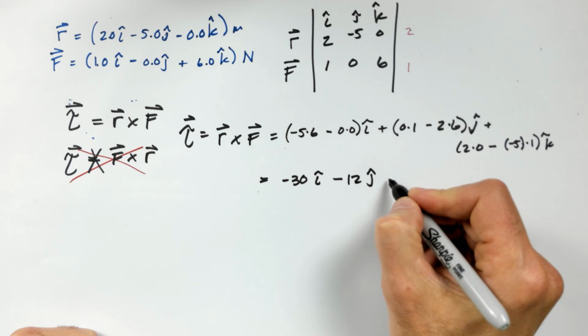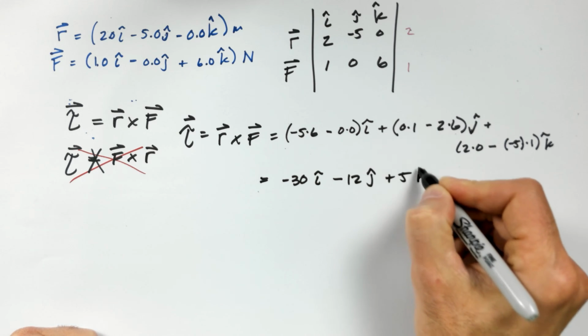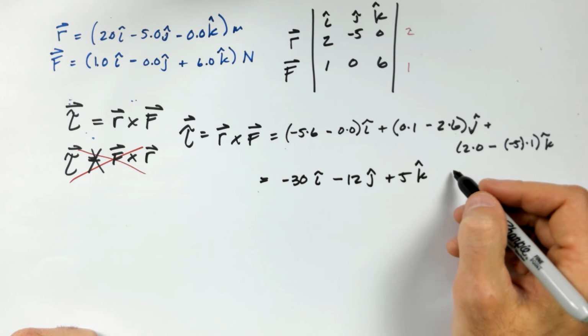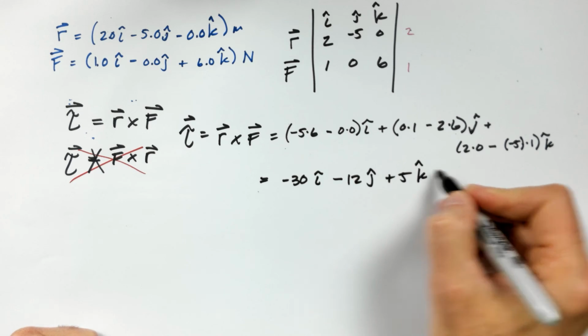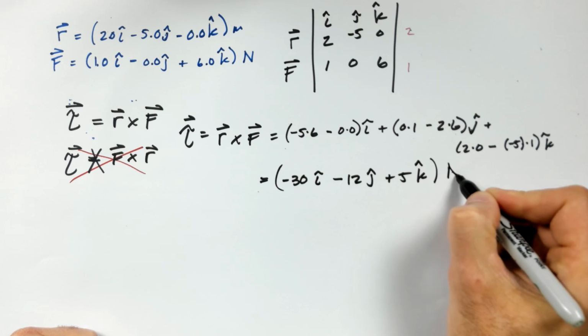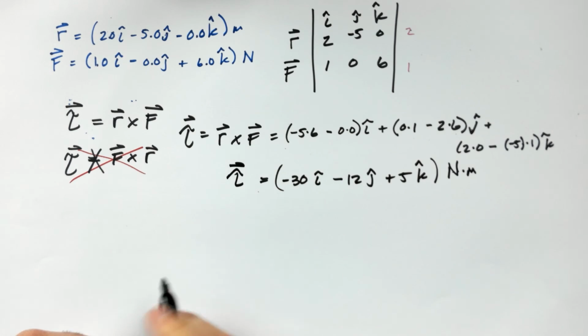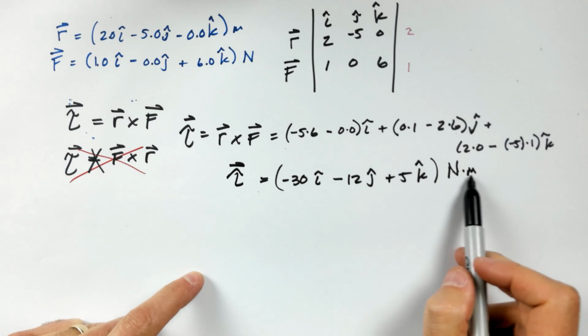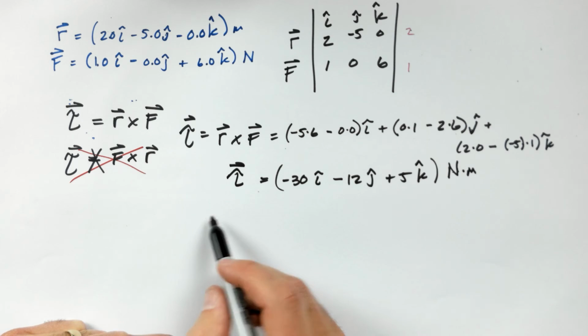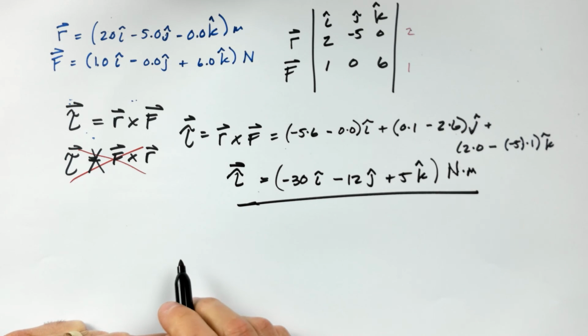So this becomes a +5 in the K direction. And this is the torque, and we're measuring torque in newton meters. And here is the actual torque magnitude and direction using the cross product to find torque.